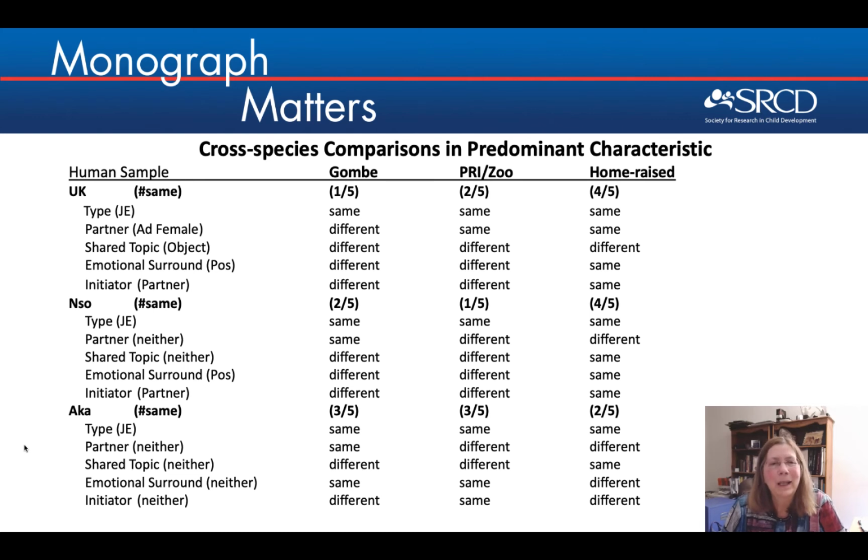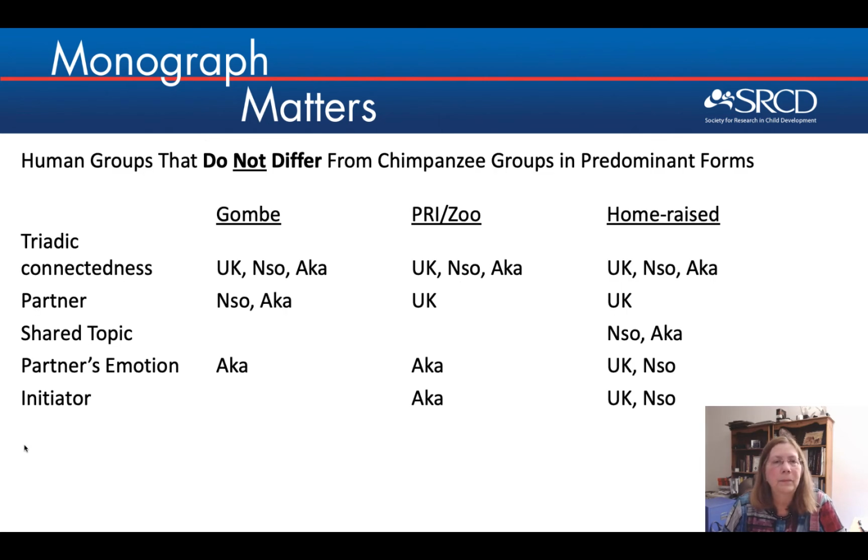I admit this table is really hard to take in, so I've made a new table to summarize these findings. Here I summarize the previous table by listing the human groups that do not differ from the chimpanzee groups in their predominant forms of joint engagement.